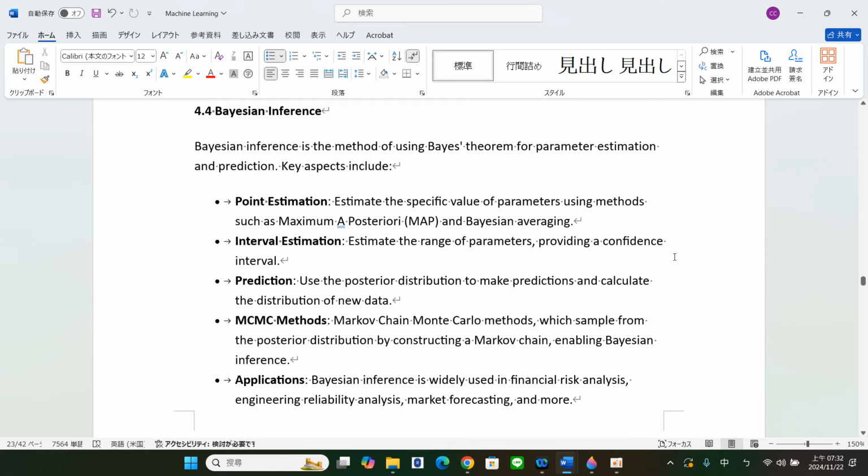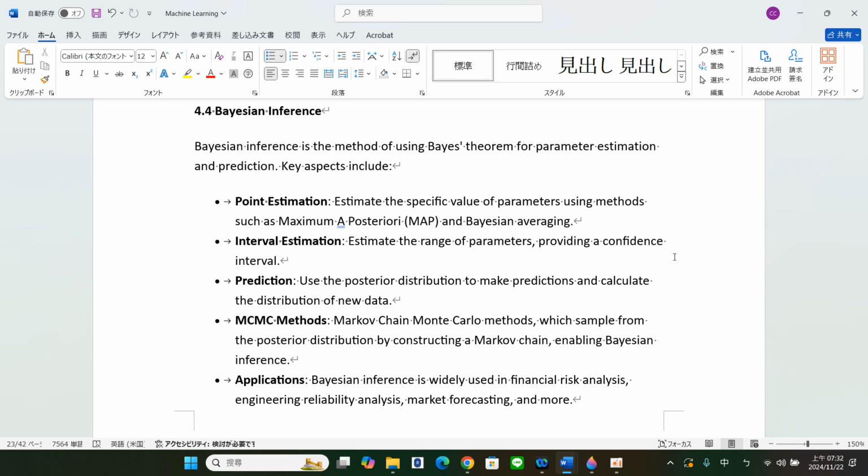And 4.4 Bayesian inference. Bayesian inference is the method of using Bayes' theorem for parameter estimation and predictions. The key aspects include point estimation: estimate the specific value of parameters using methods such as maximum a posteriori, MAP, and Bayesian averaging.